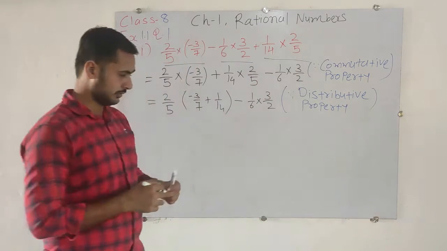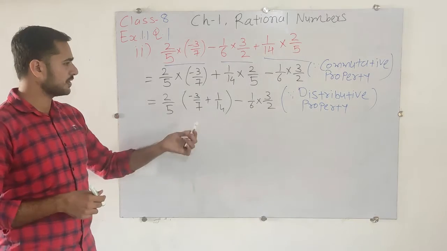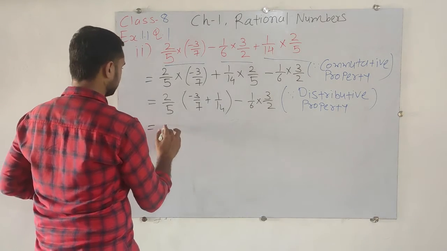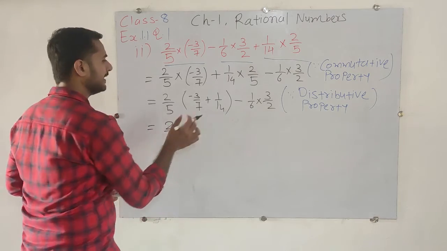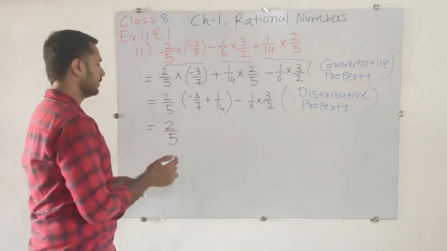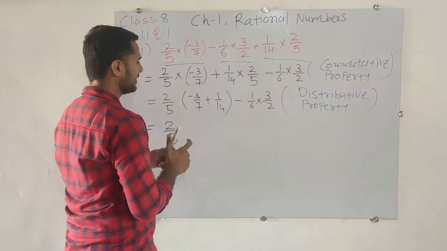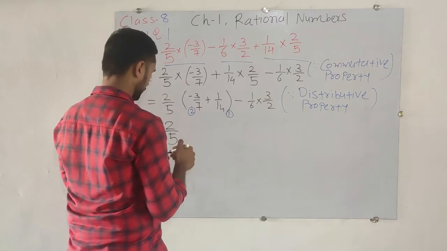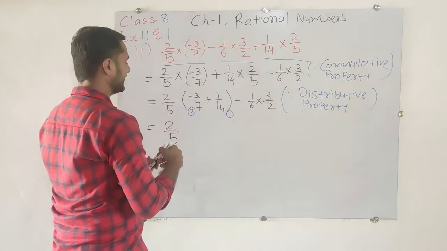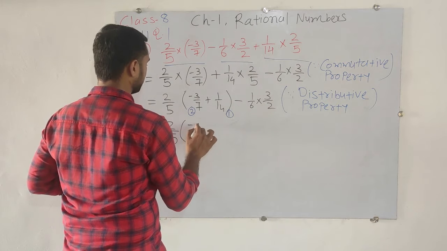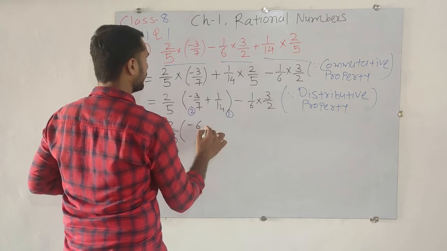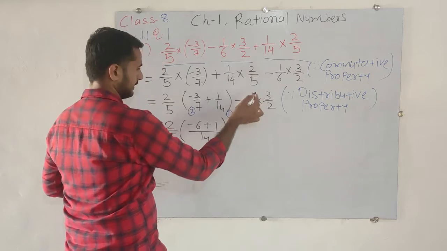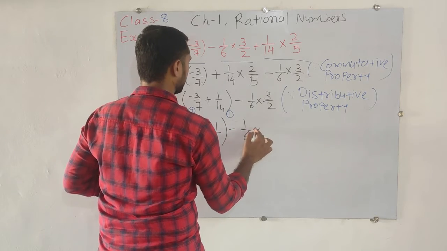Okay. So in the next step, I am just going to solve this bracket first. Let's take the LCM. LCM of 7 and 14 is 14. So with the 7, I just need to multiply 2, and 14 1. So 2 into 3 is 6, but the minus sign is there, so minus 6. 1 1 is 1, so 1 divided by 14, minus this term as it is, 1 by 6 multiplied by 3 by 2.